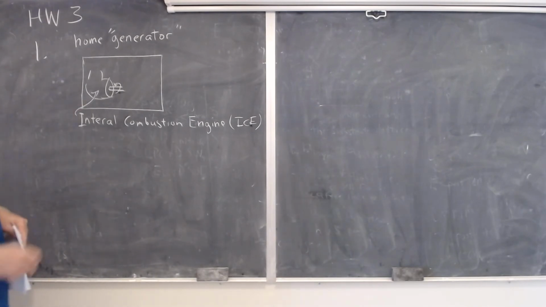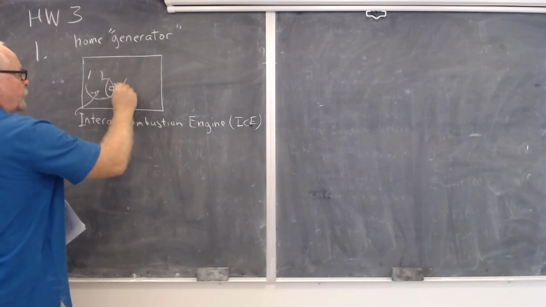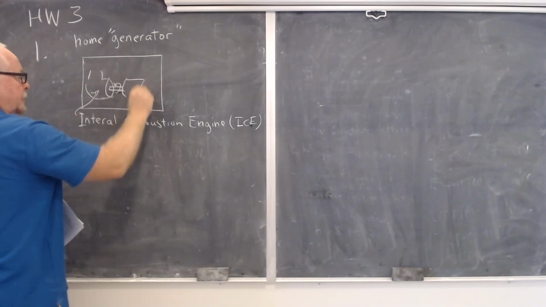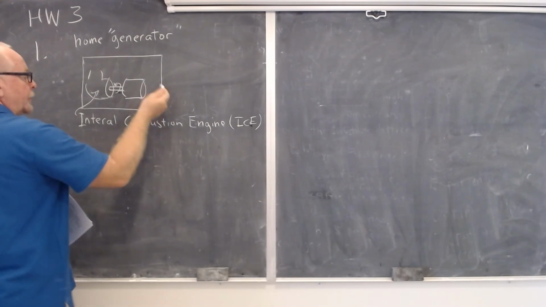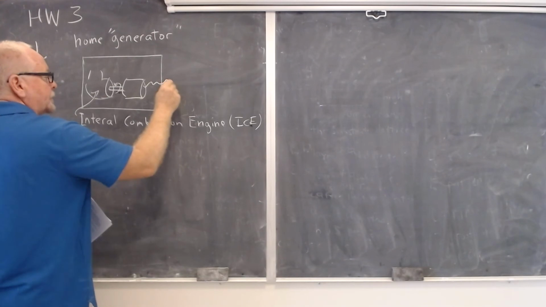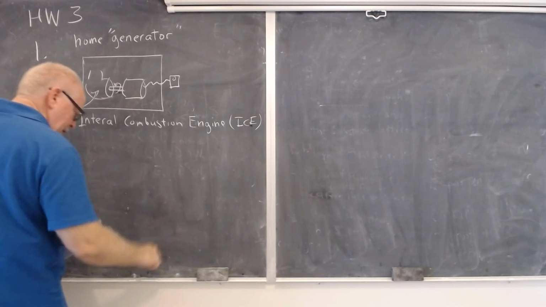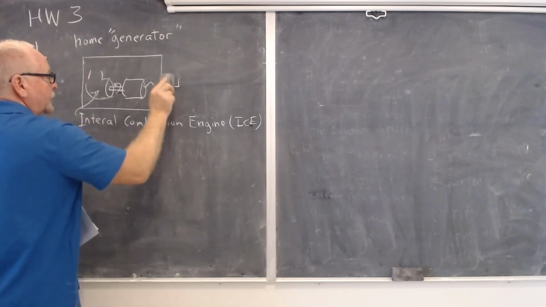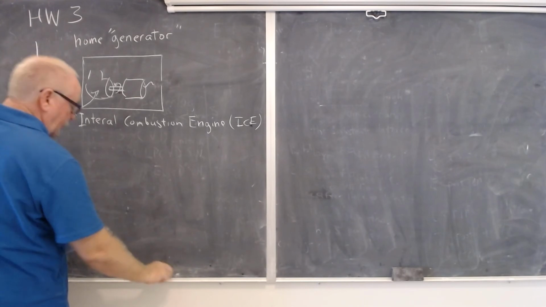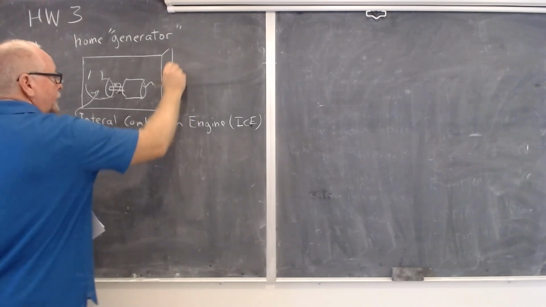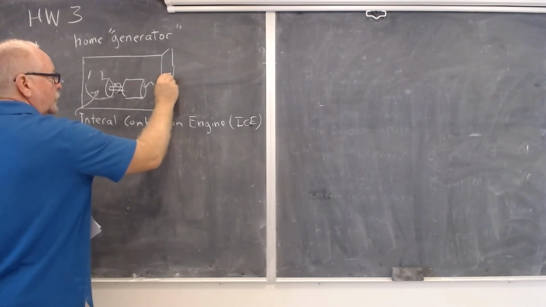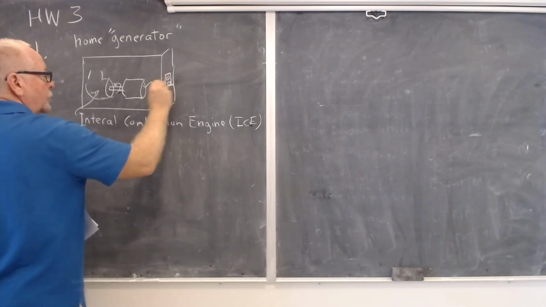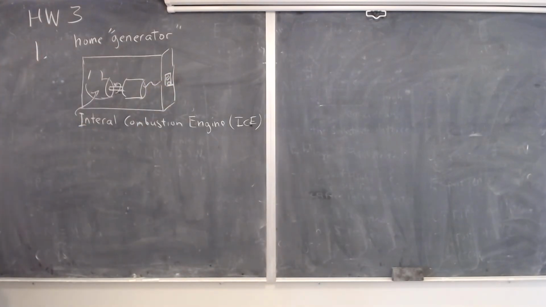Here it causes the shaft to turn, and that goes into the actual generator here. And, kind of schematically, wires come out of it. I guess I can sort of draw it properly here. On the side of this thing, there's an outlet. Okay, and you can plug things into it.